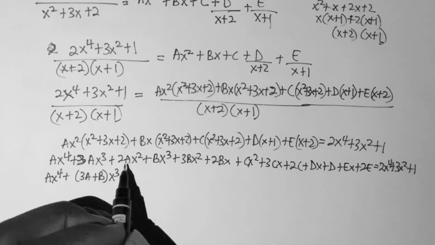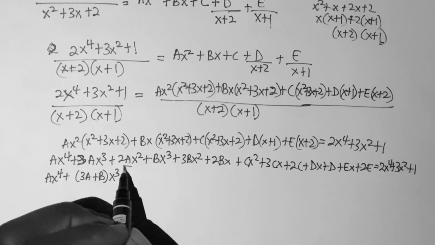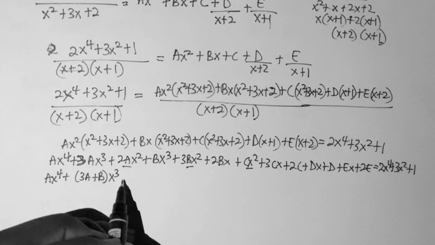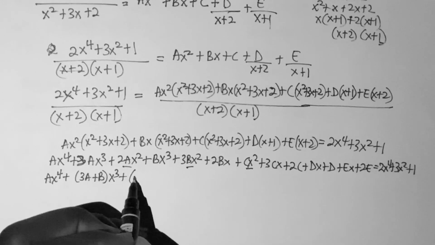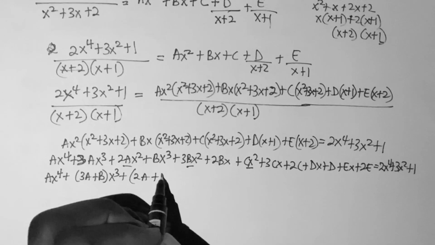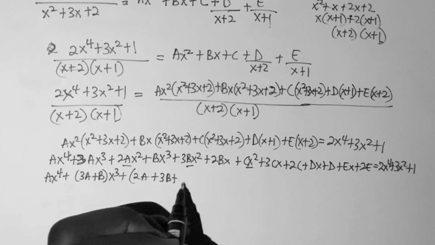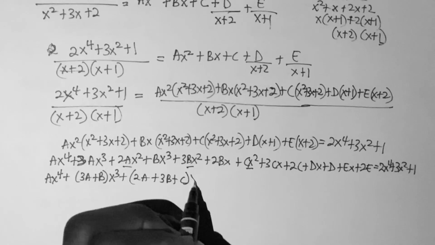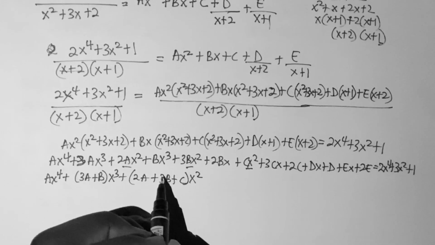Then now we come to x^2. We have x^2 here, another one here, and another one here. So plus (2a + 3b + c)x^2.